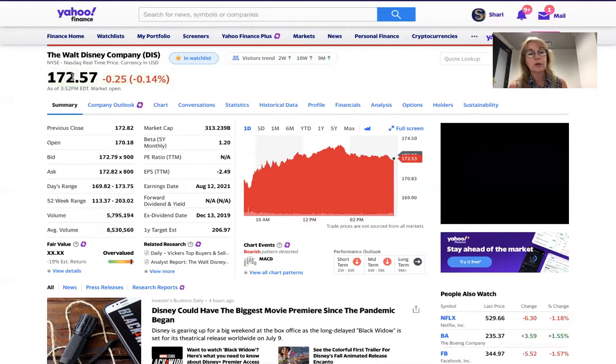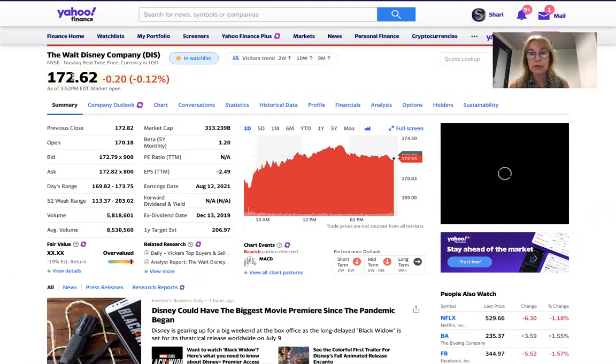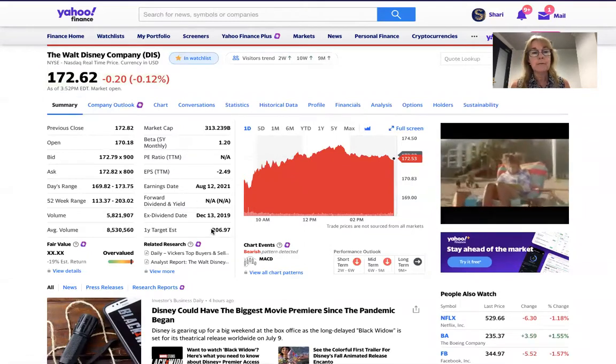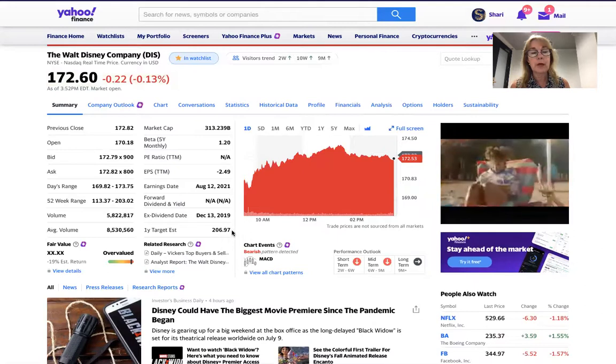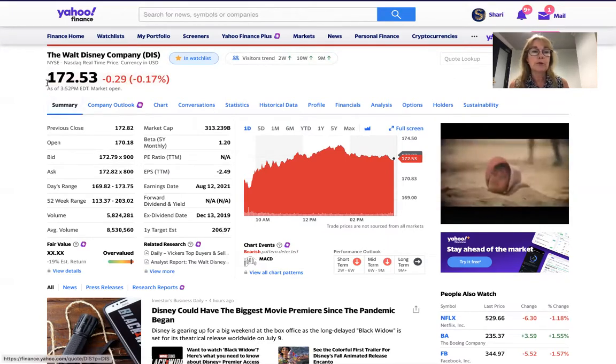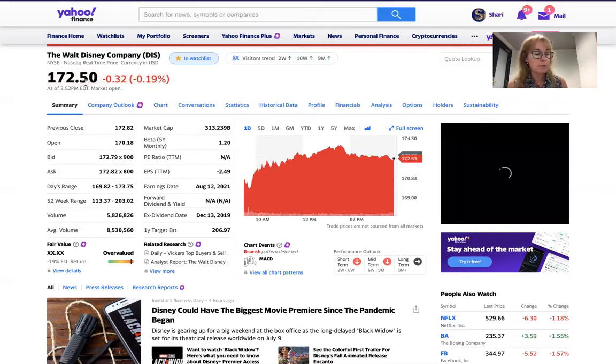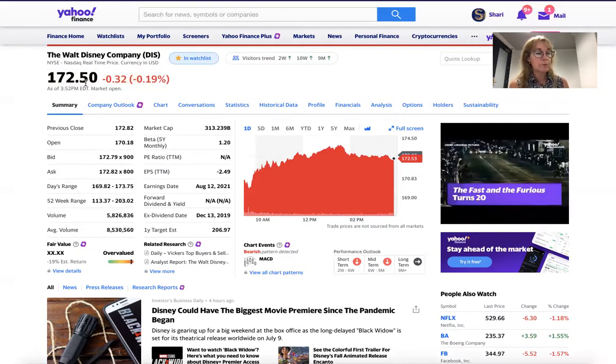So remember, to calculate the percentage increase, you take the target price minus the original price if you purchased it today. So it's going to be 206.97 minus 172.52 divided by 172.52.